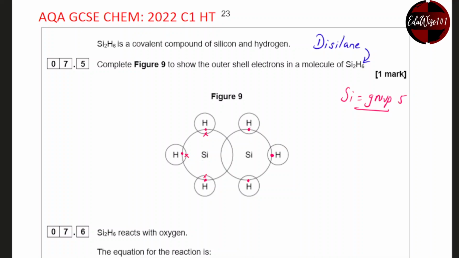So the crosses are for the hydrogen, because it's going on the hydrogen ring, and you would have the dots here. This is why it's important to decide if it's a cross or a dot. So 1, 2, 3, 4, 5 on the bigger ring, and just 1 cross in each of the smaller rings.